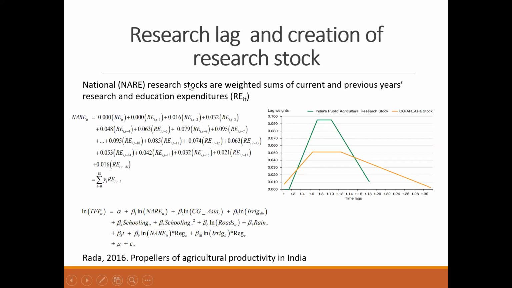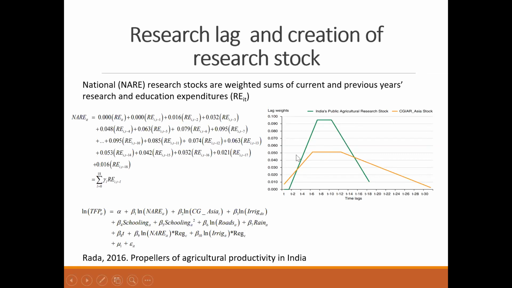He has calculated national research stock as a weighted sum of current and previous years' research and education expenditure. The green line shows India's public research stock, and the orange line shows the CGIAR stock. He has taken both Indian and international research expenditure in his paper.